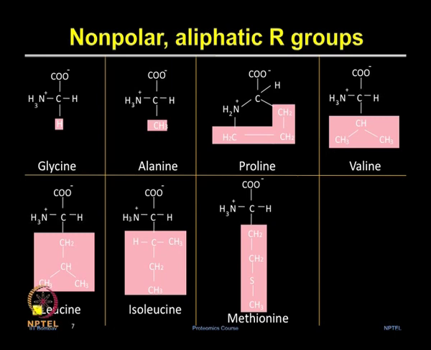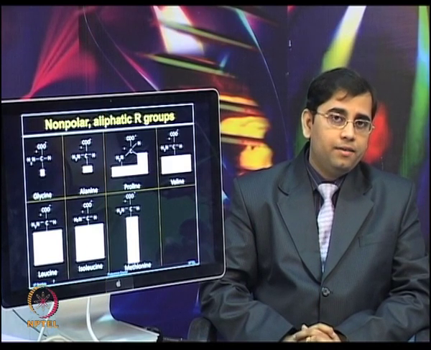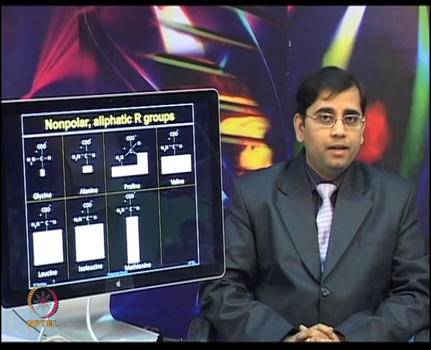Leucine, on the left hand side bottom panel, is a hydrophobic amino acid with an isobutyl R group. Isoleucine also has hydrophobic characteristics and contains a chiral side chain. It is one of the essential amino acids. The last in the group is methionine, which includes a thioether group. There are only 2 amino acids which contain sulfur, and they play some very critical roles.